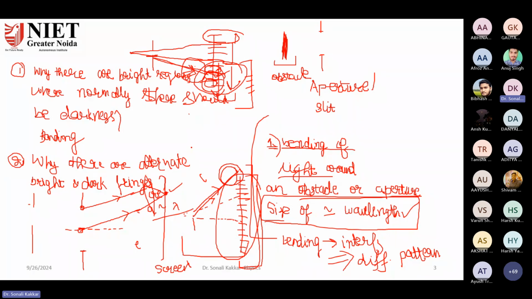So basically diffraction consists of interference in the same slit. Rays from different points of the same slit interfere with each other and give rise to the diffraction pattern. Is this clear or should I repeat this?